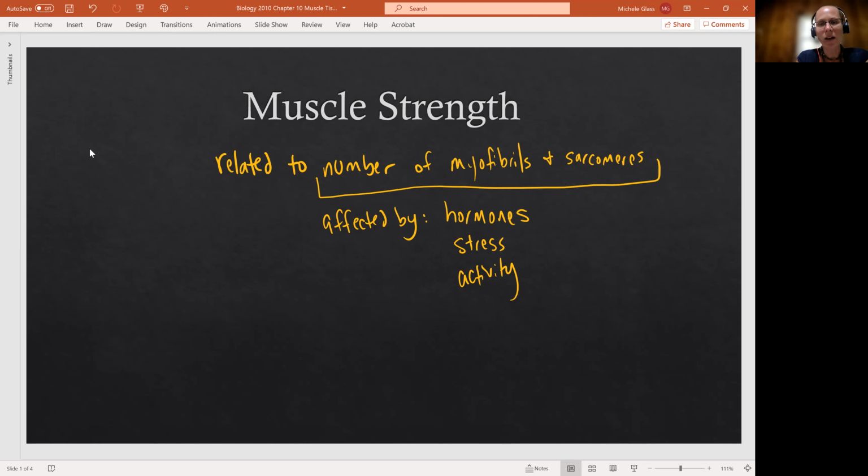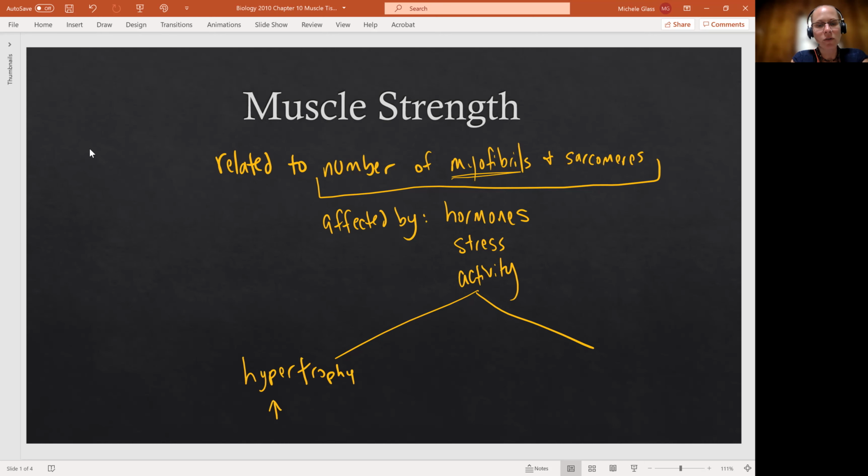When we talk about changes in the adult muscle, what we're really talking about is changes in the number of those myofibrils. So we have the term hypertrophy. The prefix hyper there is like above.